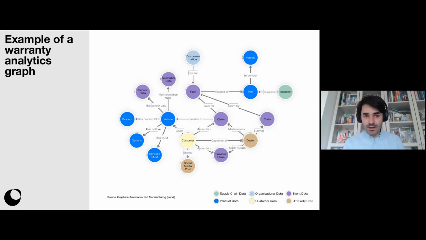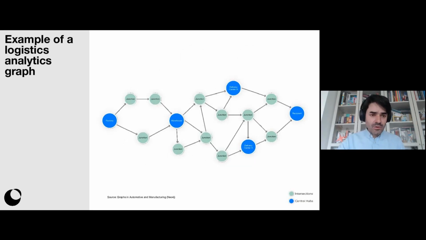And finally, you may also use this type of graph to identify customers linked to a lot of claims with some potential for fraud. So that's a warranty analytics graph.